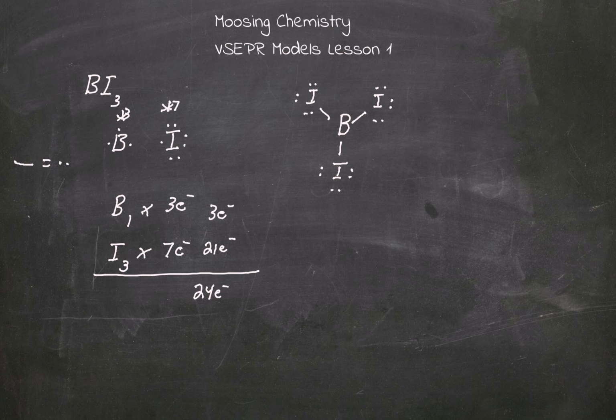Now what we need to know is, is this the best possible structure? In an earlier lesson, I taught you formal charge. So let's look at the formal charge of boron first. Remember that formal charge is valence electrons minus non-bonding electrons minus bonding electron pairs. Boron came in with 3 valence electrons.